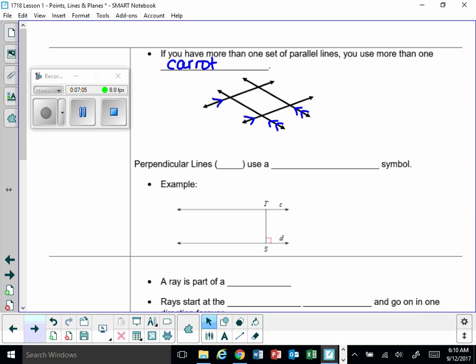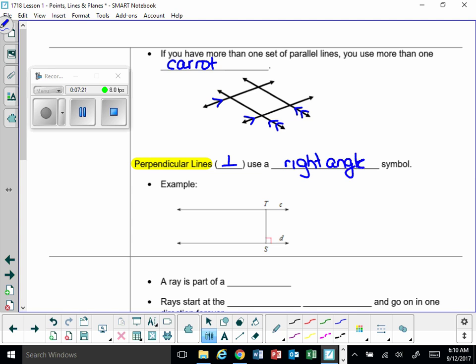Perpendicular lines. Perpendicular lines use the upside down capital T, and they use a right angle symbol. Coming down here to the diagram, that's the little box that you see in the diagram.